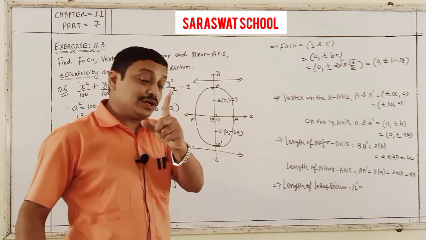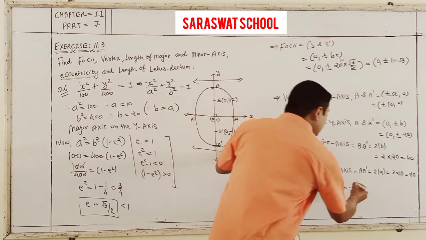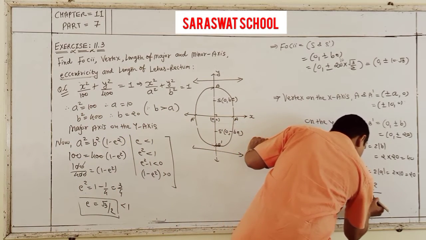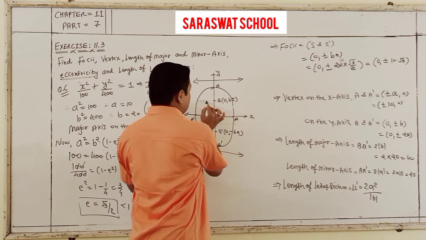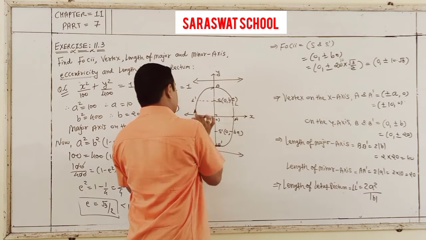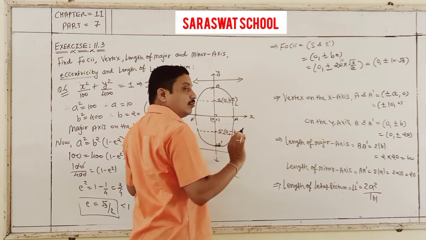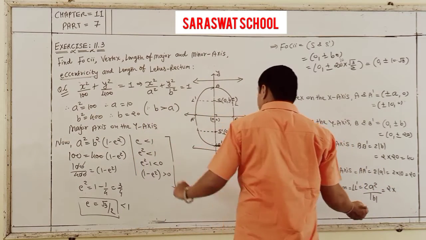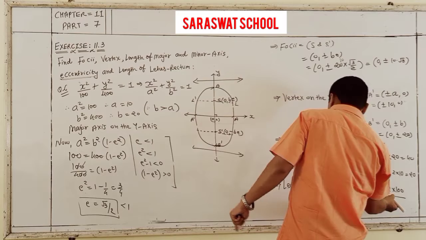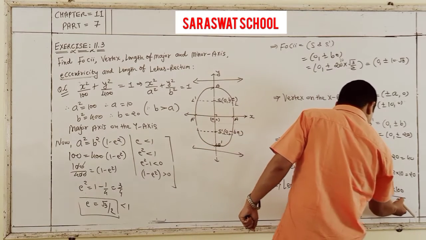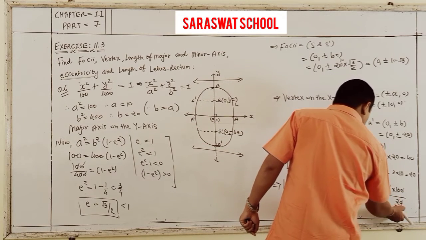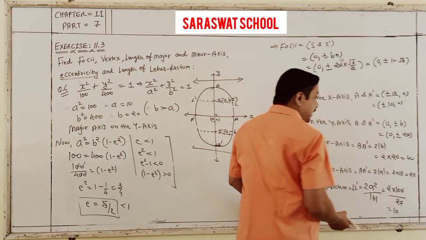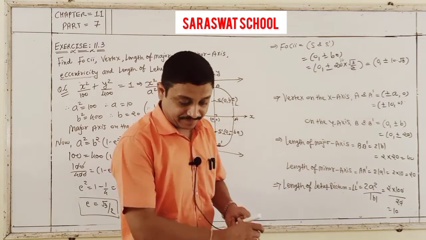Case number 1, you know 2b square by a. Here write down 2a square by b, and that is the length, students, LR dash. Either this, both are correct, same. So what's a square? 100. B becomes 20. So the 0s are gone and the 2s are gone. Only you have to. Answer, in short, is 10.